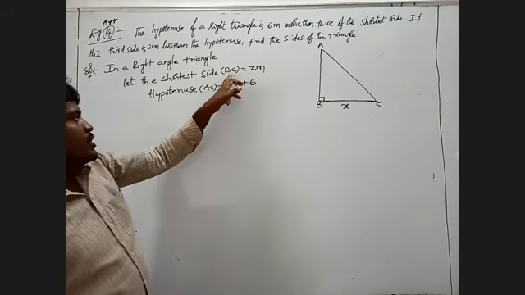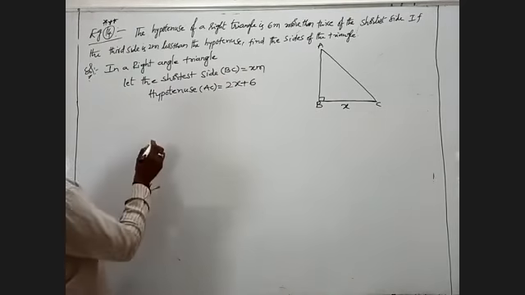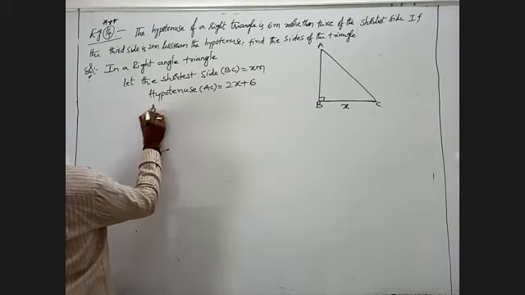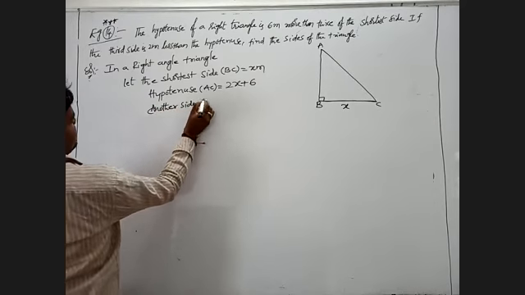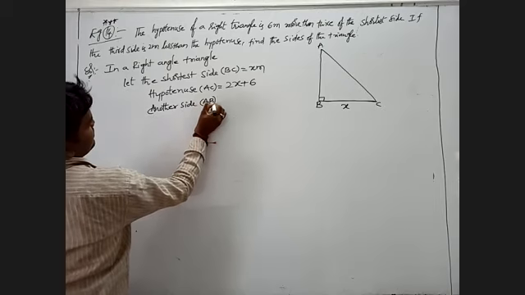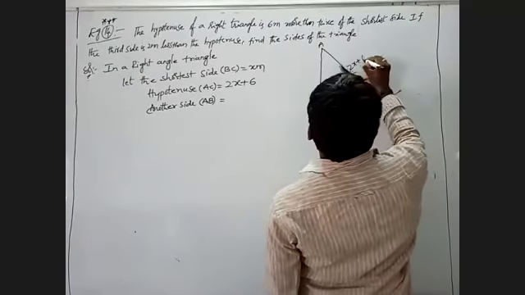Here BC we know, AC we know, then the other side AB. AC is 2x plus 6.